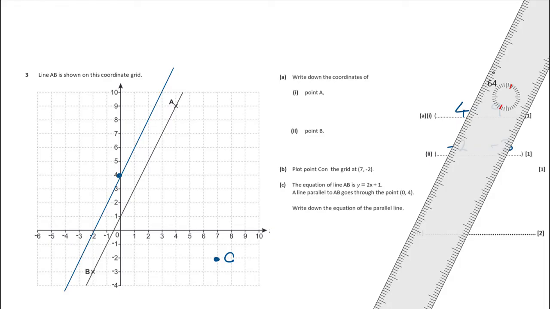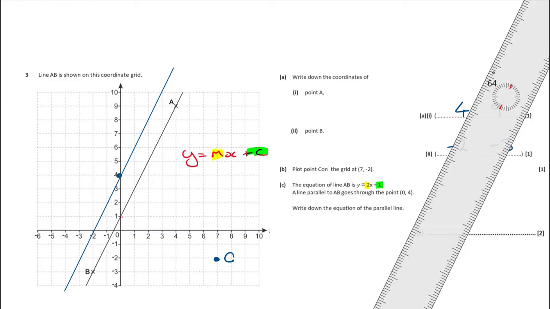Well, the equation of a straight line can be written in the form y equals mx plus c. And for the original line, m is the gradient, and the gradient is 2. So that's where the 2 goes in there. And the y-intercept of my line is c. You can see that this line has a gradient of 2.